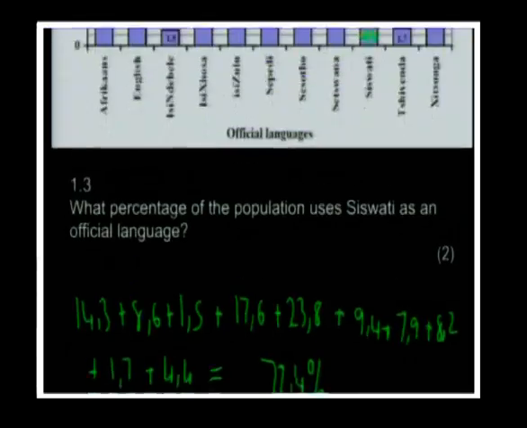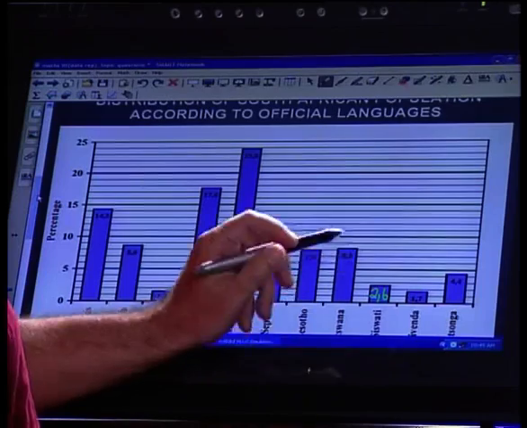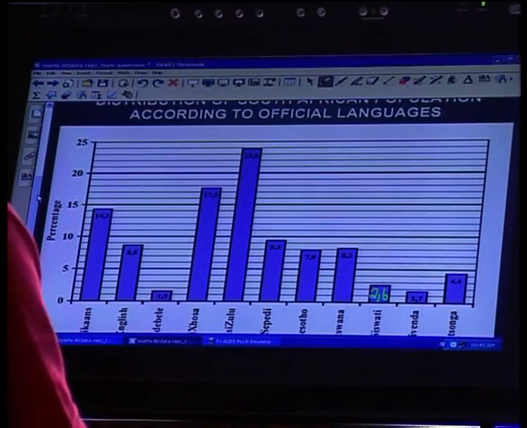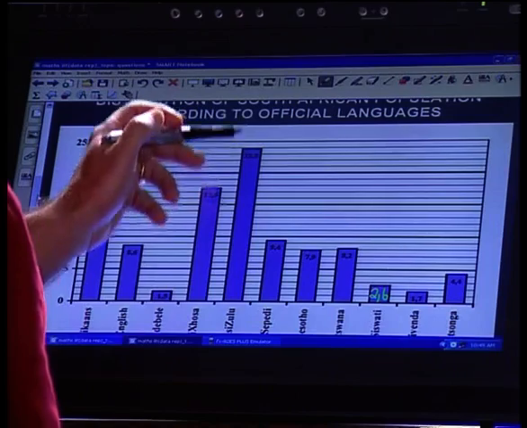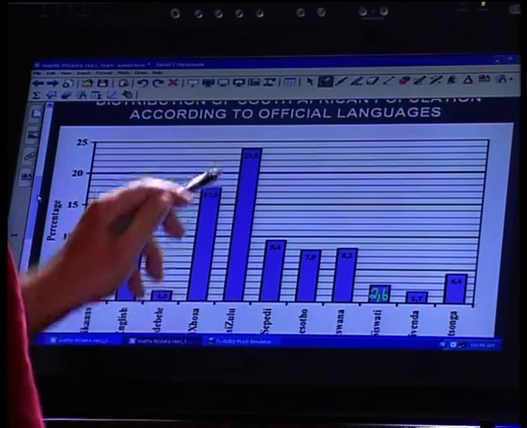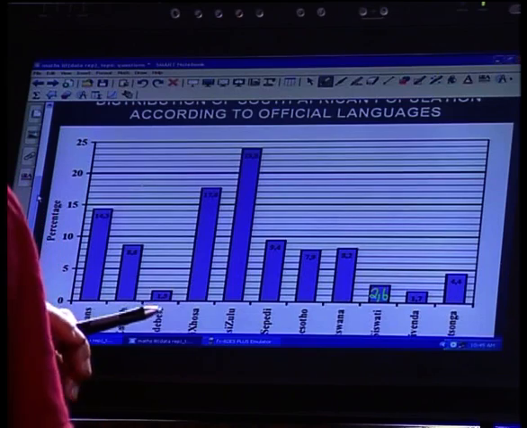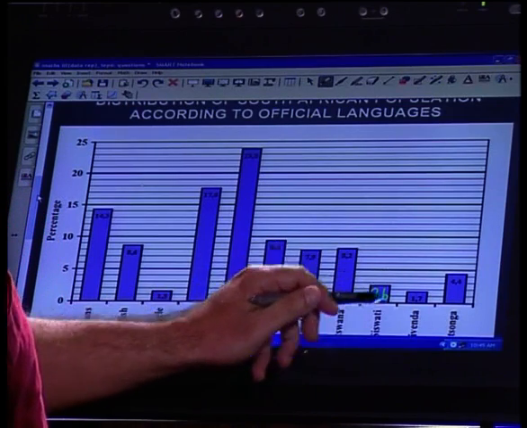But going back to your chart, if this answer was 22.6%, you can see that our biggest bar, the one for isiZulu, was only 23.8%.